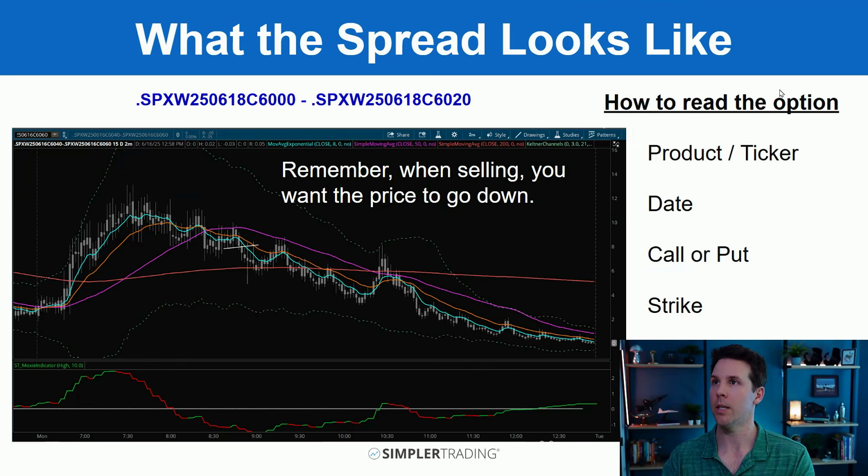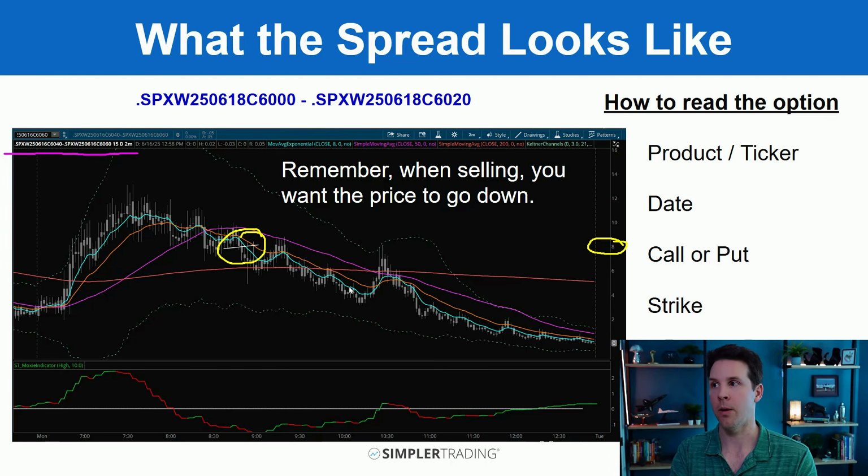All right, so then let's take a look at what the spread actually looks like. Now, this is pretty interesting. Even I had to learn that this was possible. You can actually plot the spread. So in this case, I took a screenshot a few days ago, the one that we actually took. We sold the call credit spread right here for about $8.